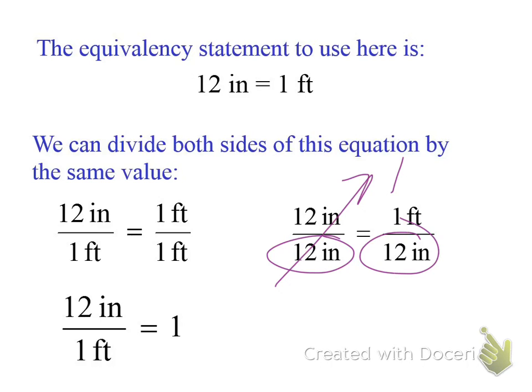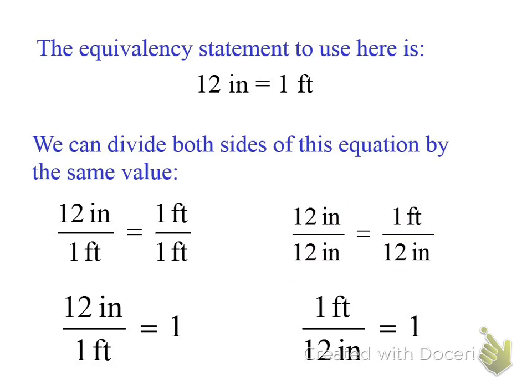So do you see where we have two ratios that came from one equivalency statement, and they both are equal to the number 1. So sometimes I'll tell students, you have an option of using ratio number A or ratio number B. Okay, it depends on which one you pick.